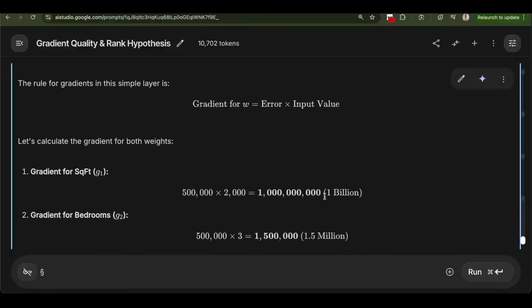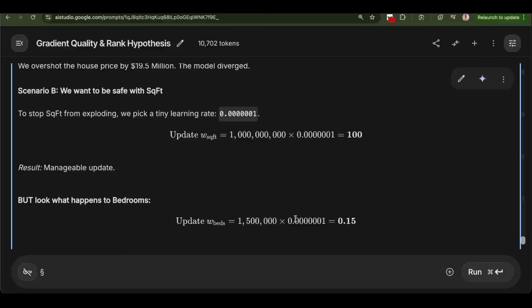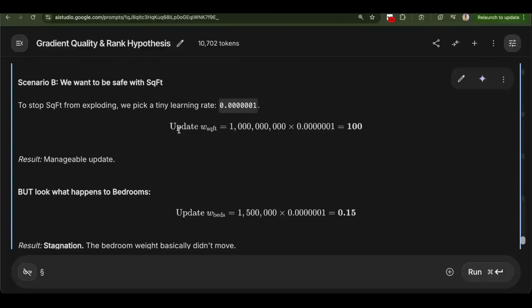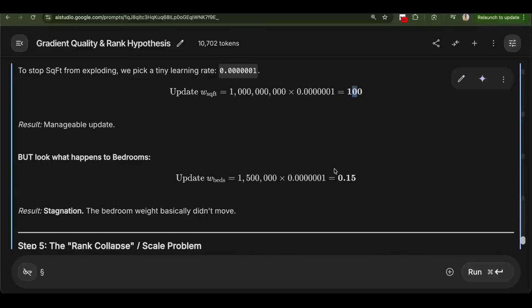It's 2006. And you know that we will multiply gradients with some learning rate. So with this learning rate, we will update square feet weight by 100, while the bed's weight will be updated just by 0.15. So this is a lot bigger update. So we can ignore this learning because it's learning so much less that it's negligible compared to this one.